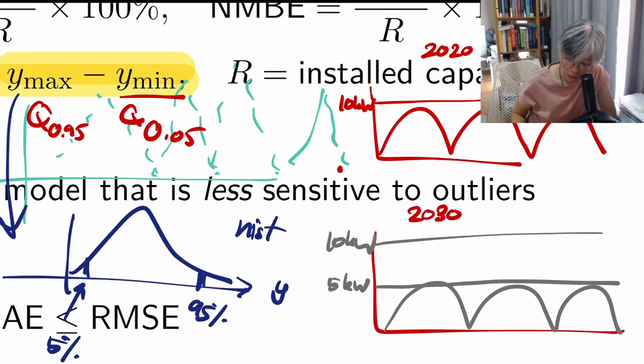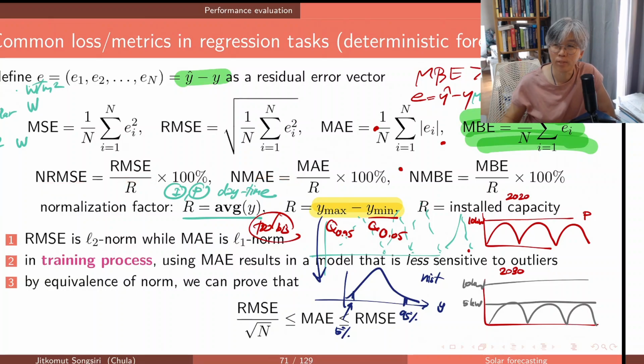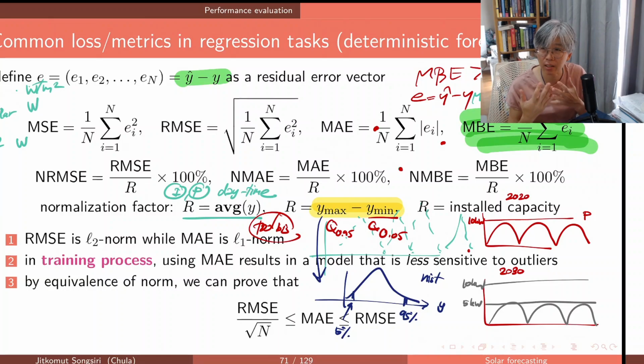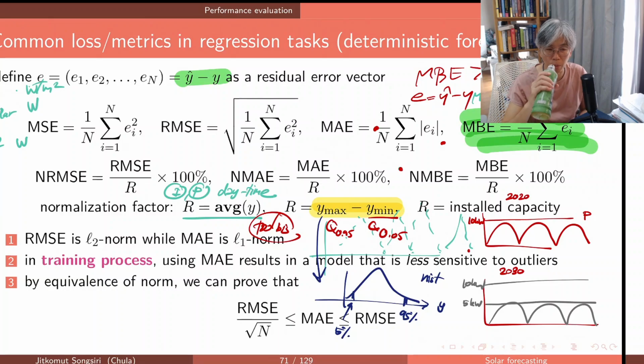But it's too big for the behavior of your data set as of now. And when the R is too big, your performance metric becomes too optimistically low. And that's again not fair. That's not an appropriate evaluation for reporting the model.